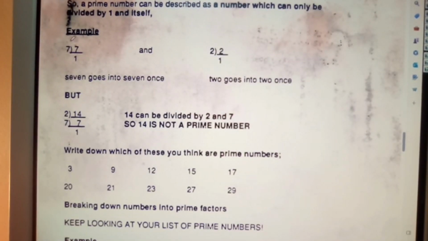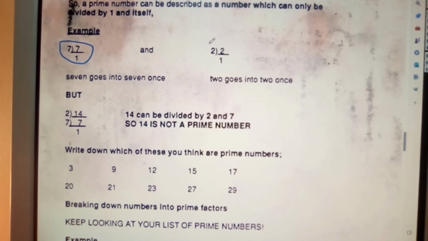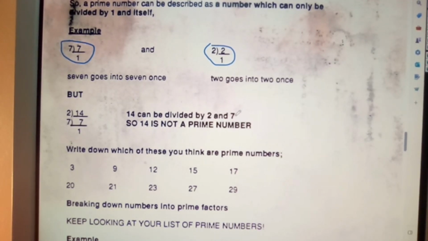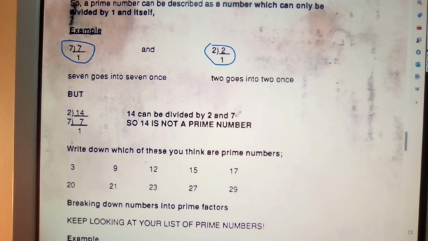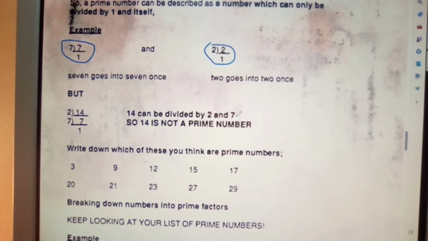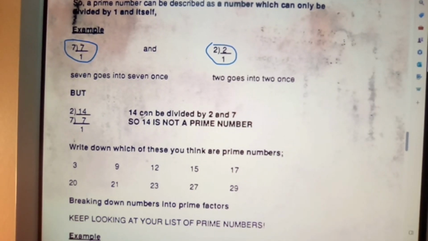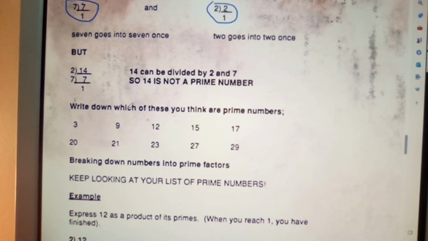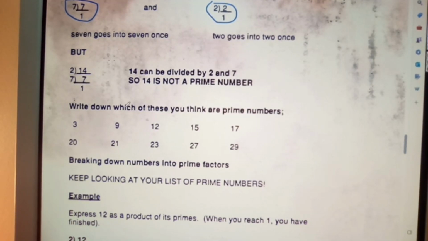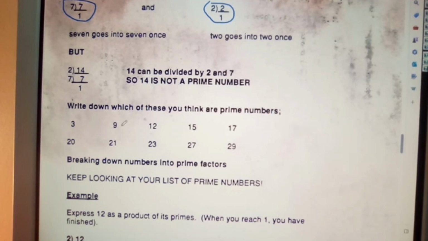And here's our example. Okay? And here we can see that 14 will not be a prime number.